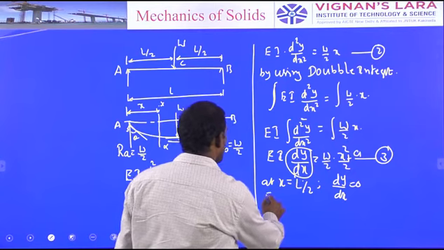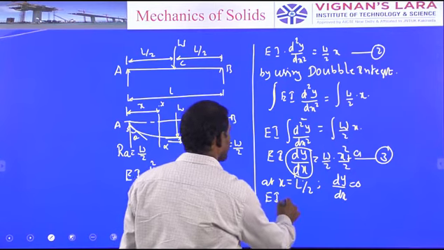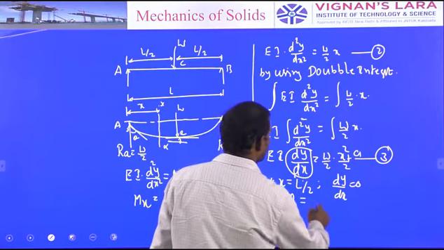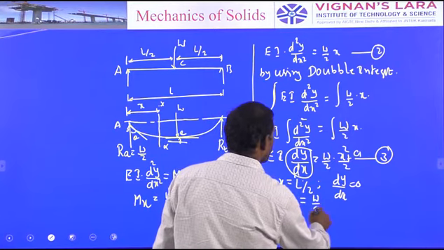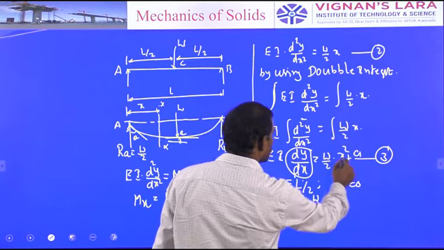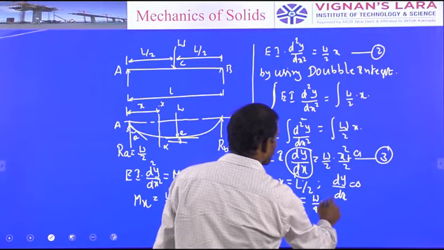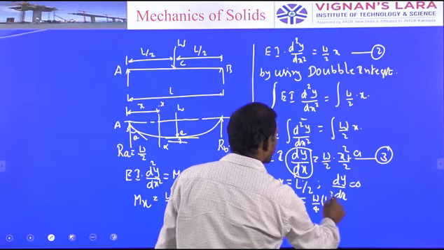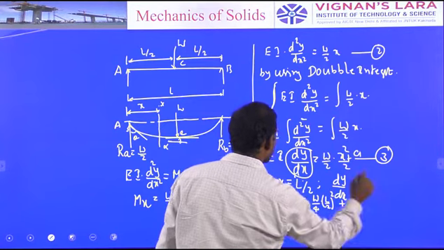So EI into 0 is equal to W by 4 into x, with x equal to L by 2, so L by 2 whole square, plus C1.